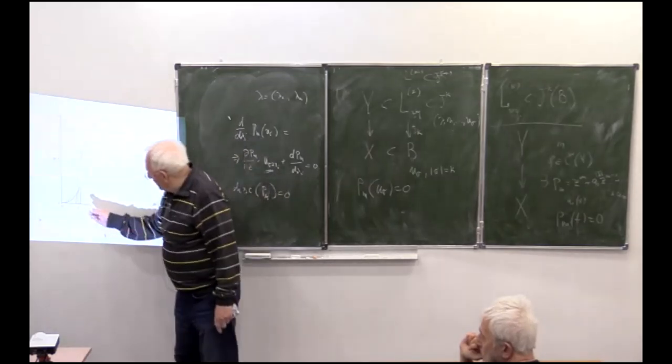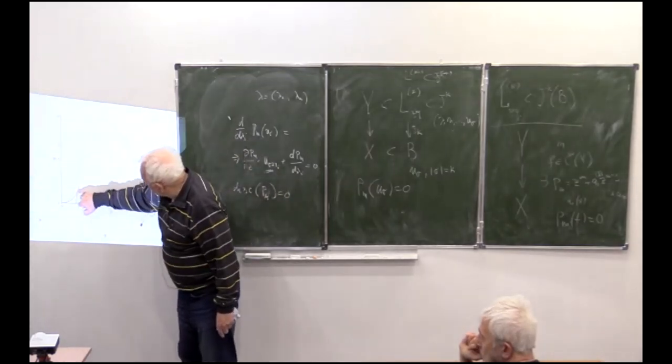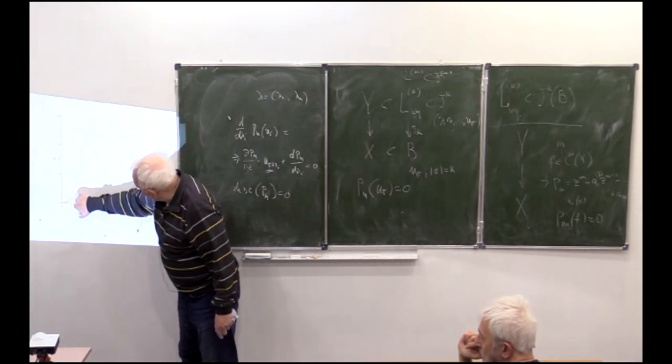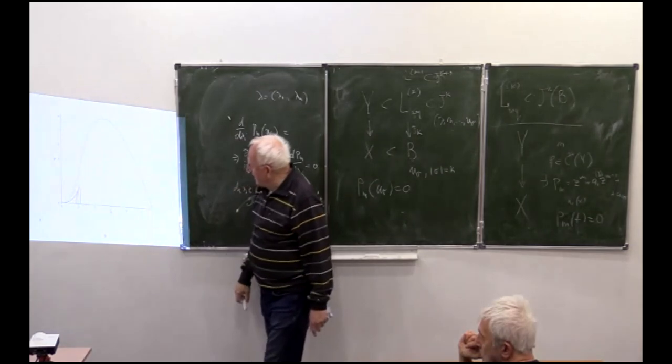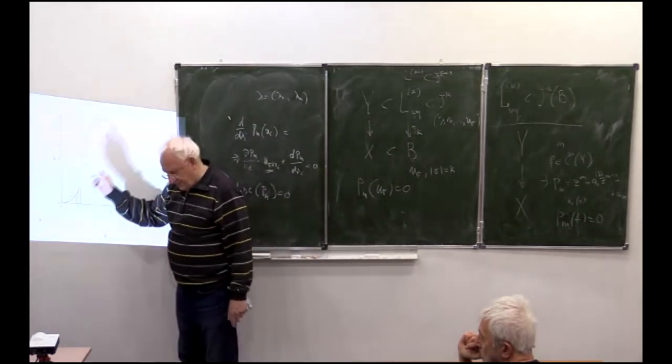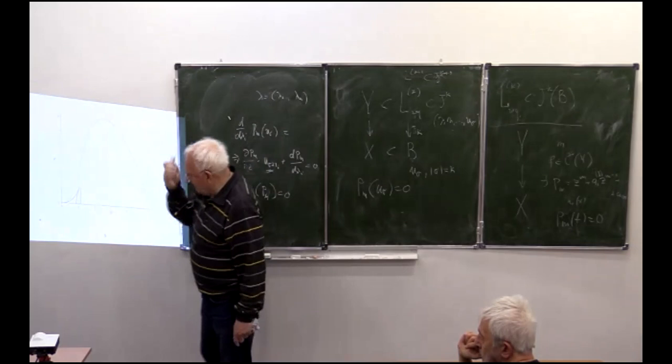And in physics, the vertex of this red line is the so-called critical temperature for gas.